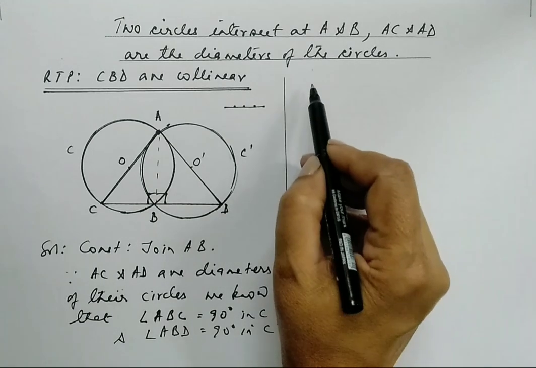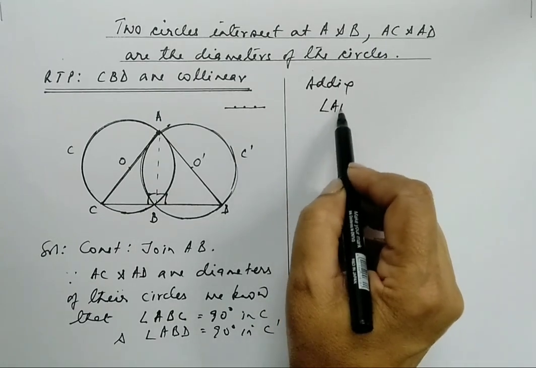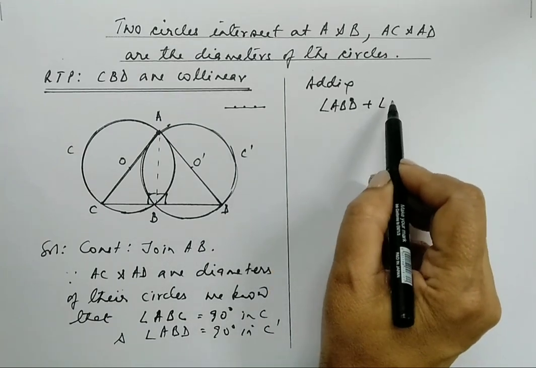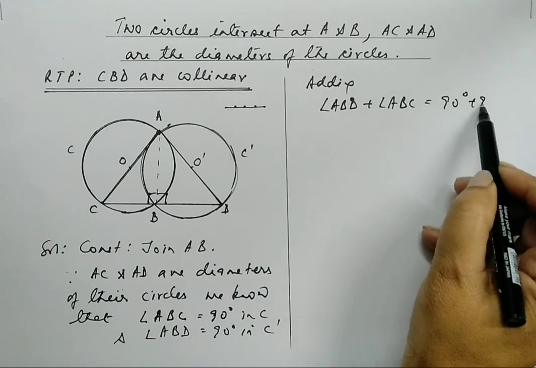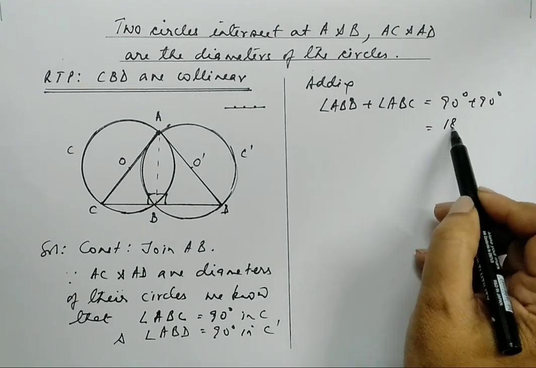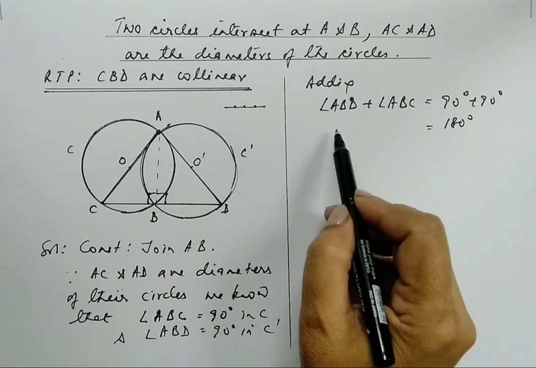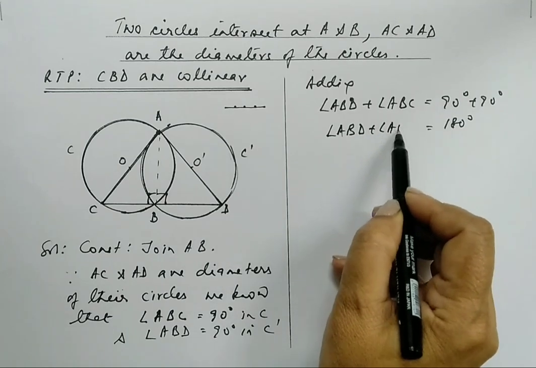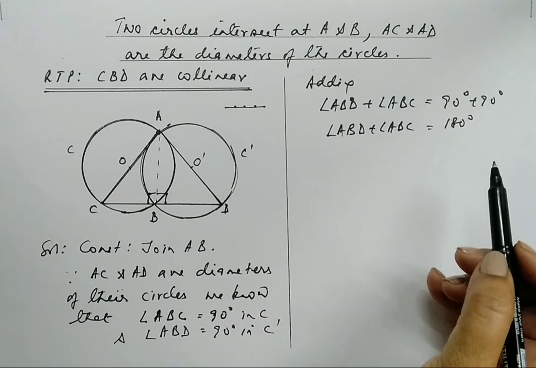Now adding angle ABD plus angle ABC, we have 90 degrees plus 90 degrees, which will be equal to 180 degrees. All right. So angle ABD plus angle ABC equals 180 degrees. Correct?